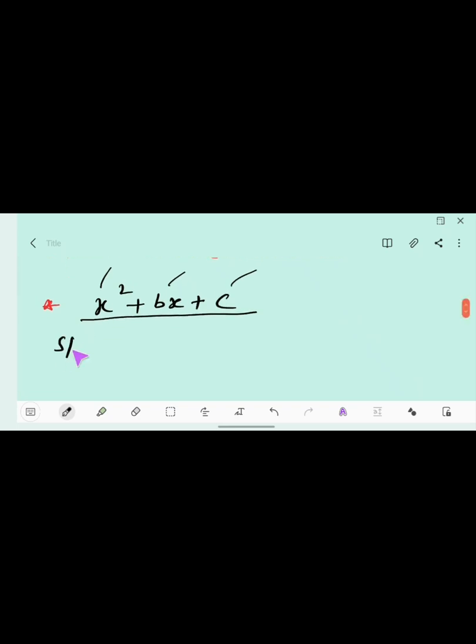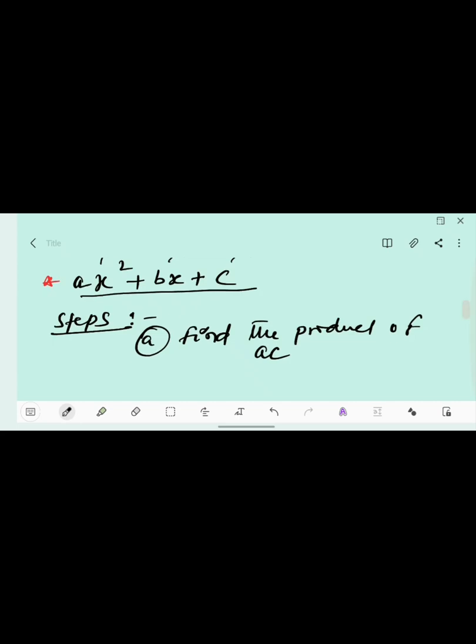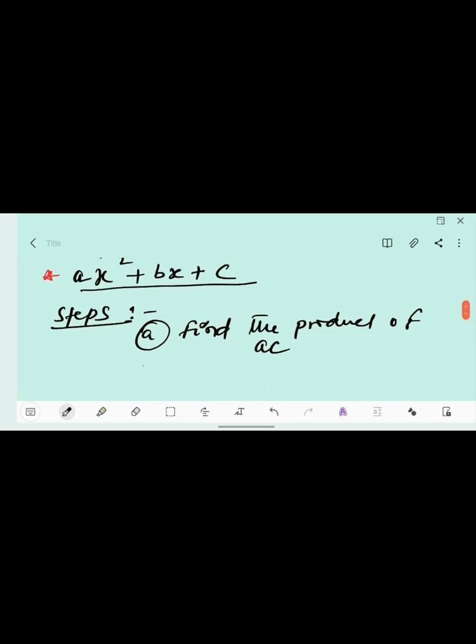The steps which need to be followed here are as follows. Number one: check the coefficient of x square. Suppose we have a as the coefficient of x square, then find the product of AC. After finding the product of AC, prime factorize it.